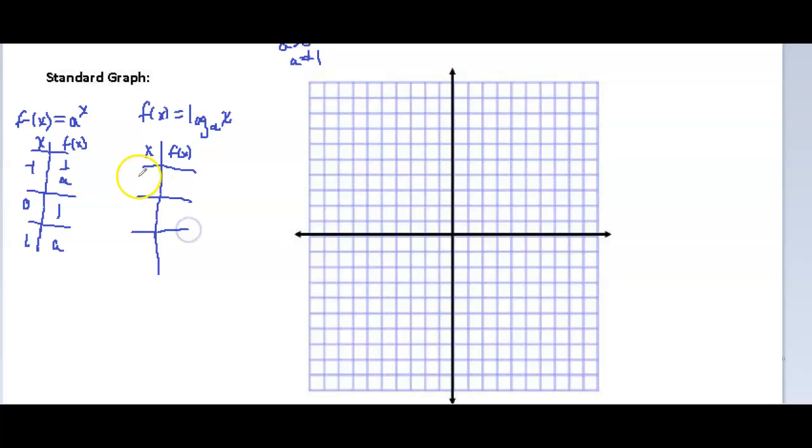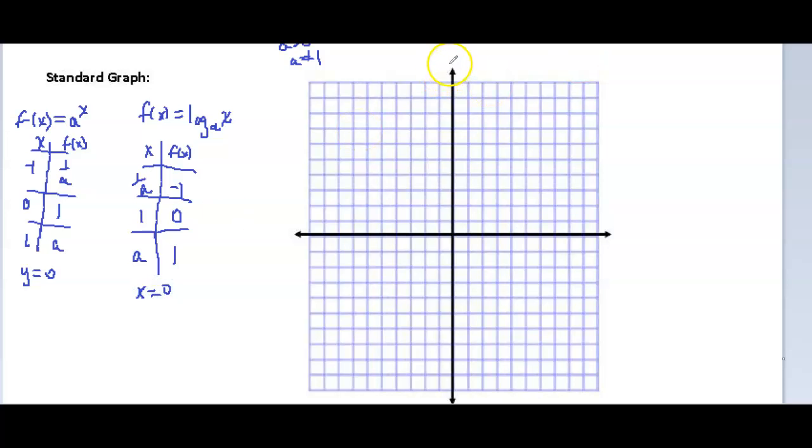So our first point would be (1/a, -1), (1, 0) for our second point, and then our third would be (a, 1). This also affects the asymptote. For an exponential function, the asymptote is at y equals 0. For a logarithmic function, the asymptote is at x equals 0.